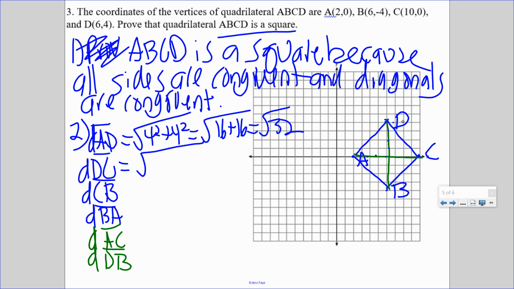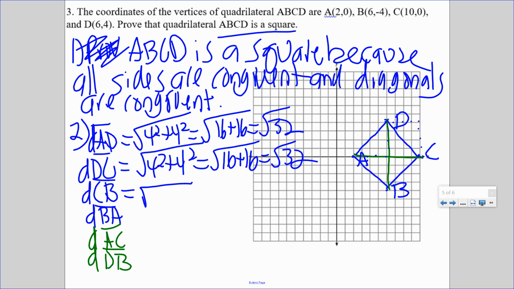DC 1, 2, 3, 4. 1, 2, 3, 4. 4 squared plus 4 squared, 16 plus 16, we're at 32.